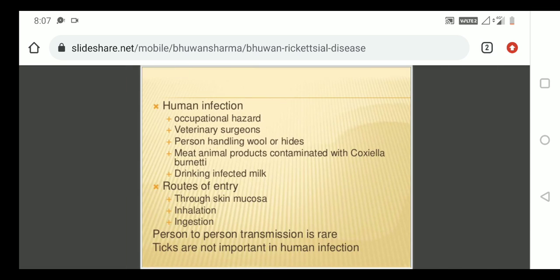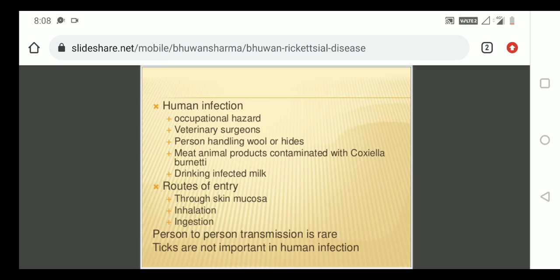How will it be transmitted? Human infection is caused by occupational hazards: those working in a farm where the animals are infected with this condition will also get Q fever. A veterinary surgeon is in contact with the infected animal. Persons handling wool, hides, or meat animal products contaminated with Coxiella burnetii, and drinking of infected milk.